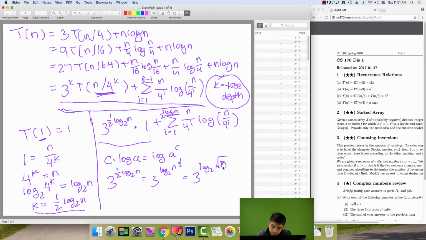Okay, and finally, in reasoning about this term, we're going to use the property that c to the power of log b is equal to b to the power of log c, which allows us to say this expression above is the same as square root of n to the power of log base 2 of 3.